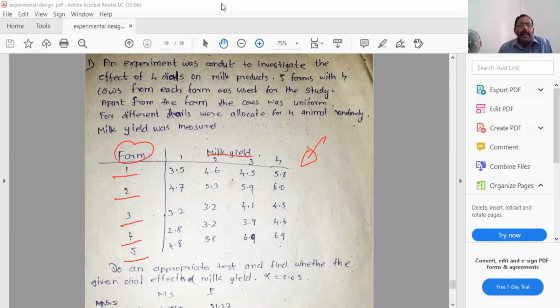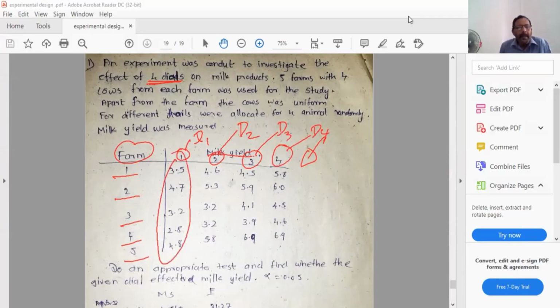Yes. So the diet is the treatment here. So here, conducted to investigate the results of 4 diets. This is diet 1. This is diet 2. This is diet 3. And this is diet 4. So 4 diets have been given for the animal.